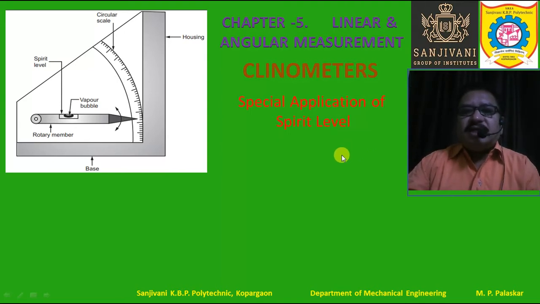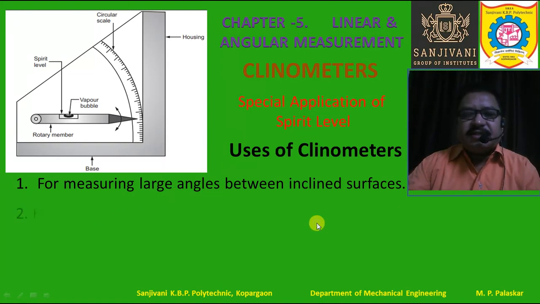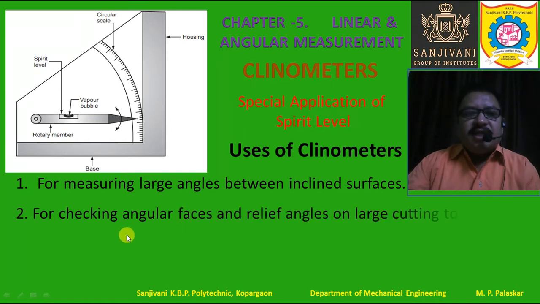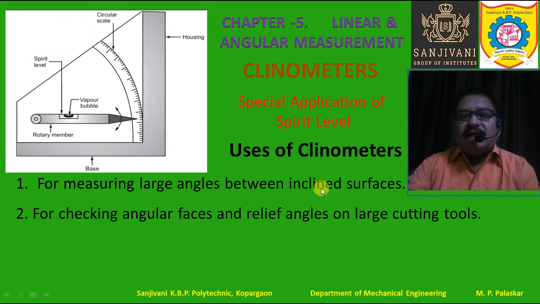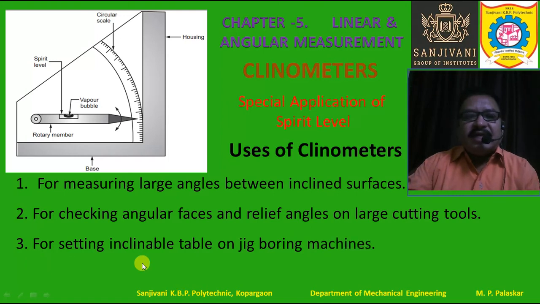What are the uses or the applications of the clinometers? Clinometers are used for measuring large angles between inclined surfaces. Clinometers are used for checking angular faces and relief angles on large cutting tools. For setting inclinable table on jig boring machines.